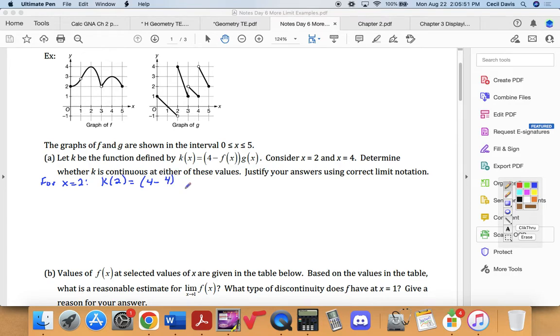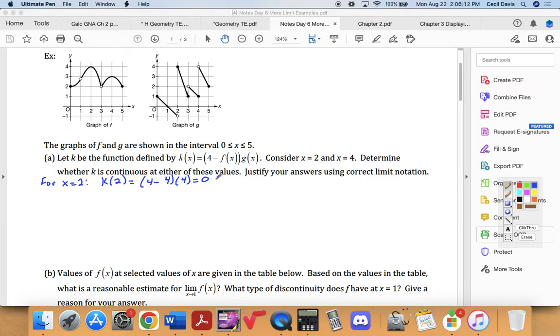Times, what is g at 2? Also 4. 4 minus 4 is 0, times 4 is 0. So the function k exists at x equals 2. All right, that's step 1.